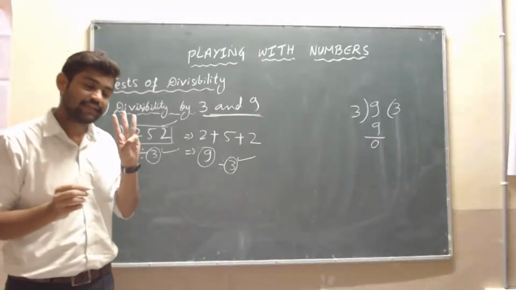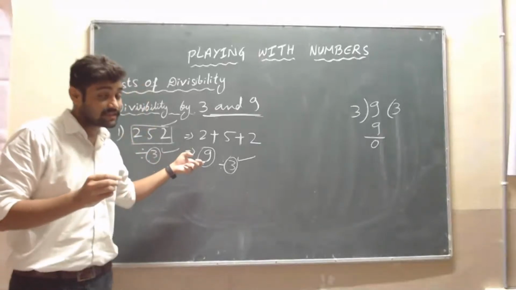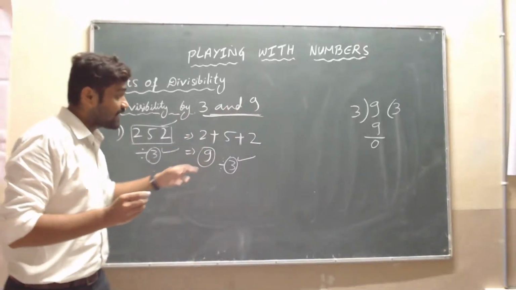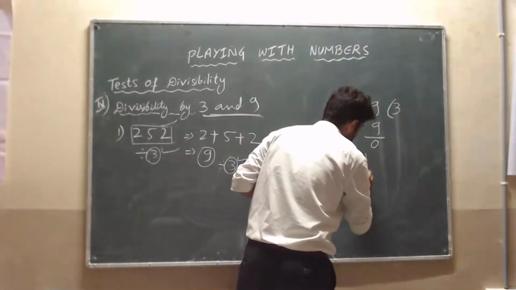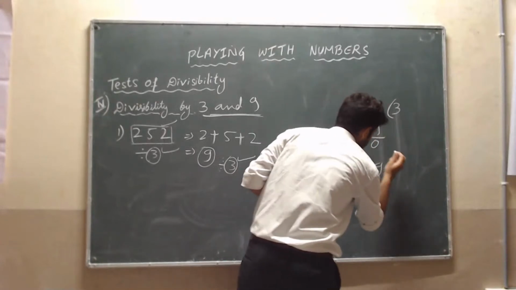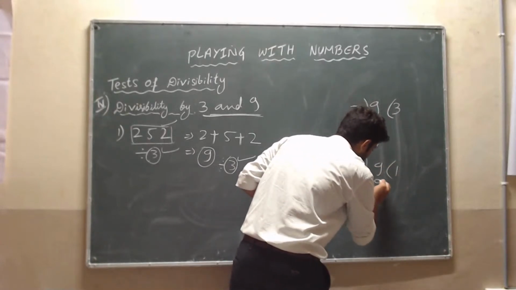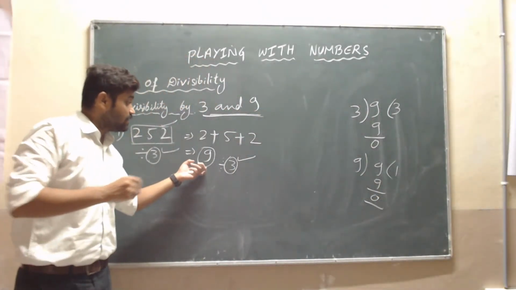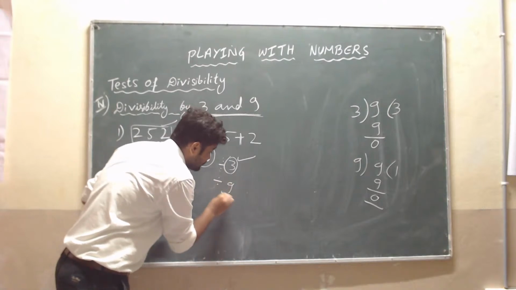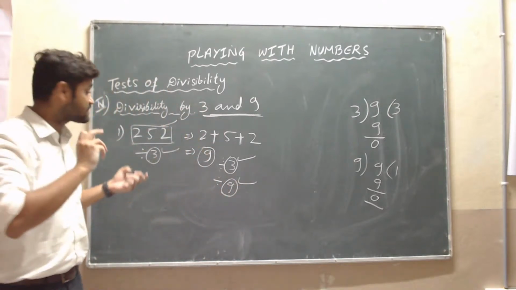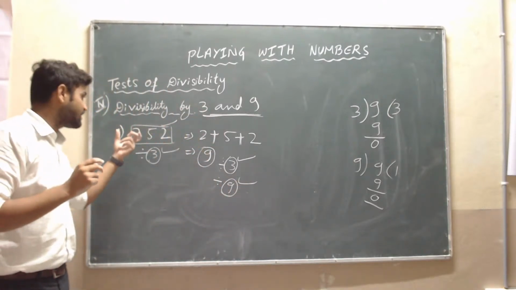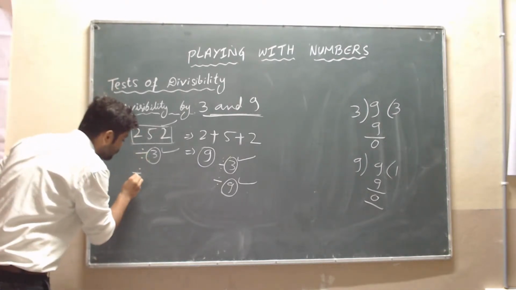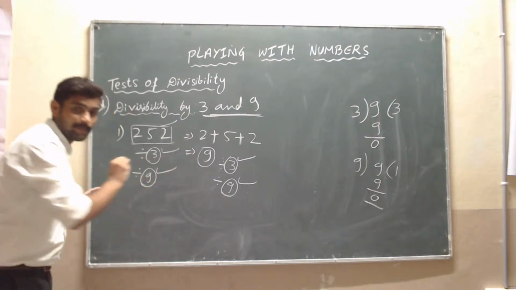Then check with the other number, 9. 9 is easily divisible by 9. 9 ones are 9, the remainder is 0, and we can say that it is easily divisible by 9 also. So 252 is easily divisible by 9 also.